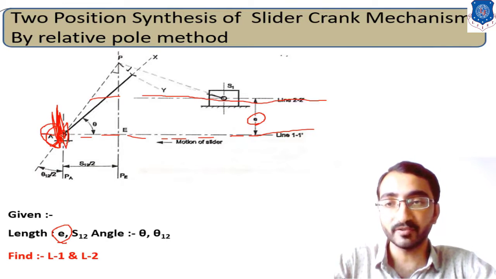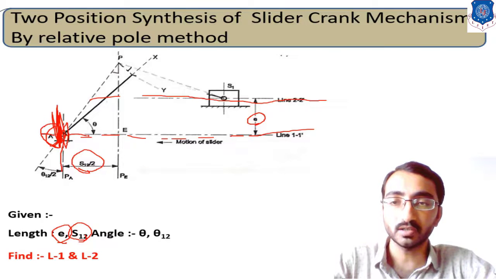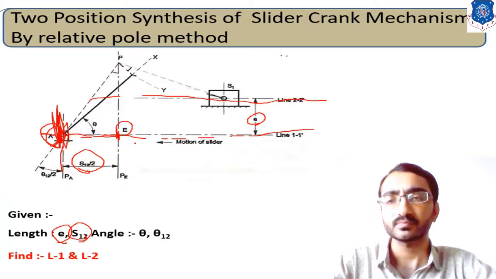Now with reference to this A point, you have to consider the first length, that is S12 by 2. Consider S12 by 2 as your distance and obtain position point E on your 1 dash line.